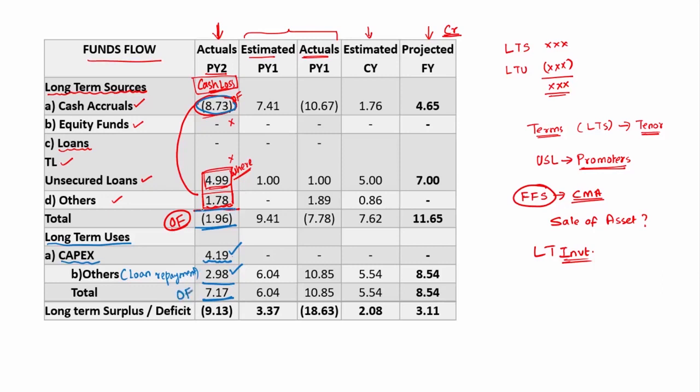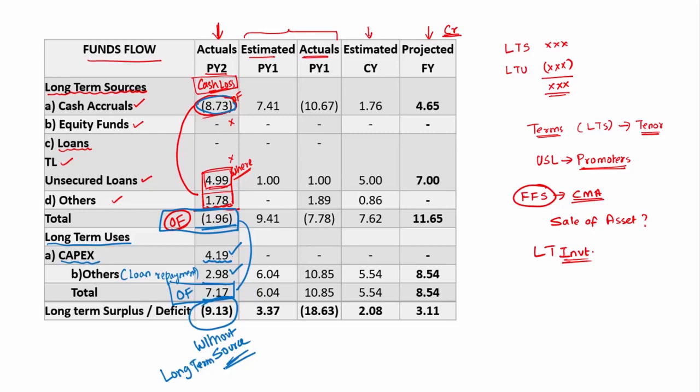So already we concluded that this is also an outflow and this is also an outflow. So 1.96 plus 7.17, your total outflow is 9.13 crore without any source. Without source they are spending. So without source means, how is that possible? The answer is, without long-term source they are investing in long-term uses.